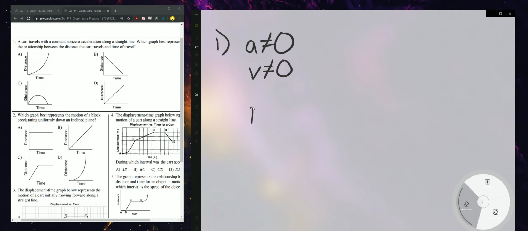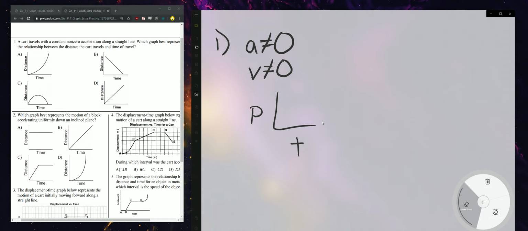And so in a PT graph, that must mean the line is curving. Now, here is where it gets difficult.